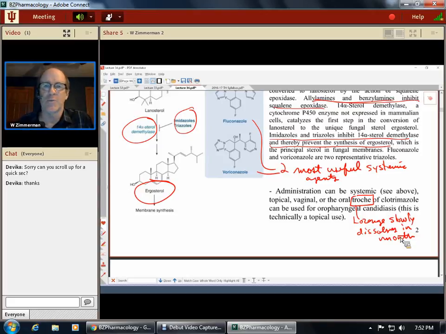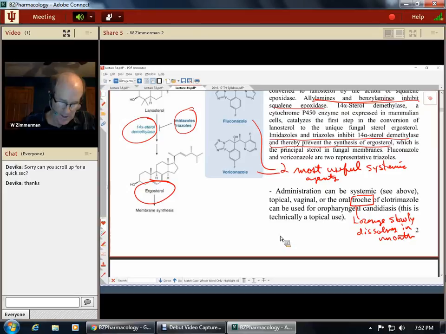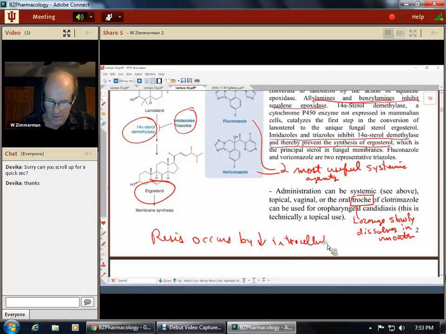Unfortunately, we do see some resistance, and at this point, the major form of resistance occurs by decreasing the intracellular azole concentration.